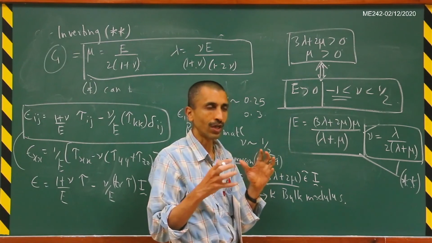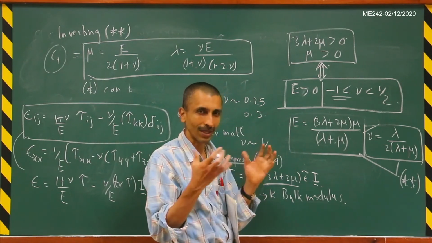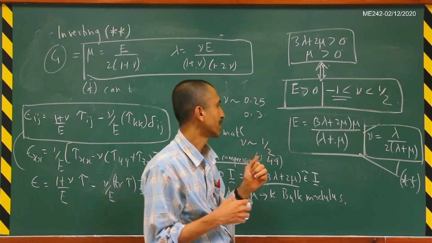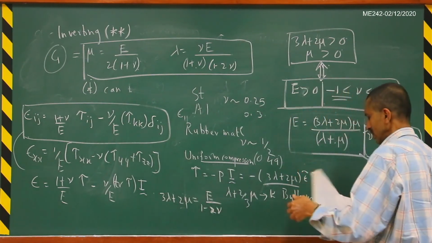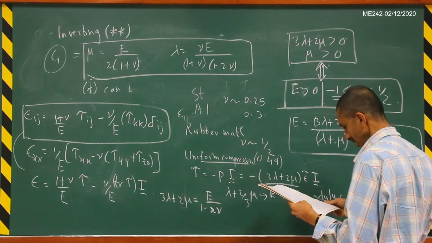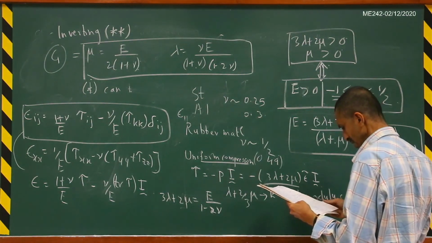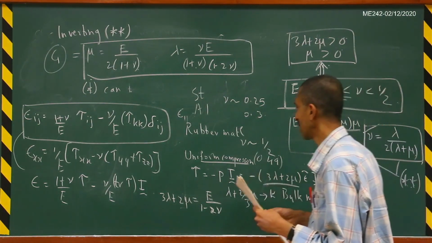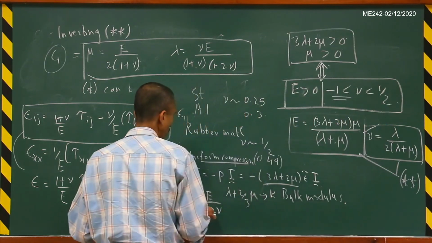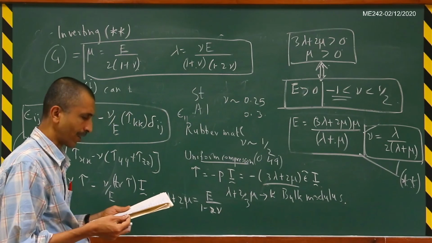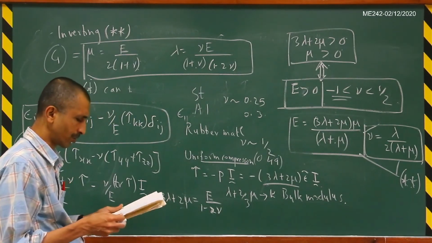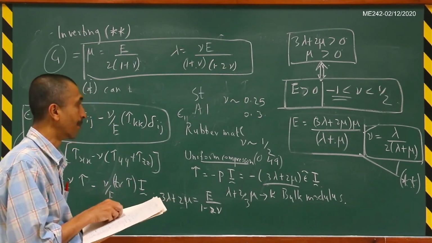Whereas if you conducted the same experiment on some other materials, you would be able to compress it much more in terms of the volume. So this gives us the relation between the bulk modulus, the Young modulus and the Poisson ratio. And we have also seen what happens in the case of almost incompressible materials.